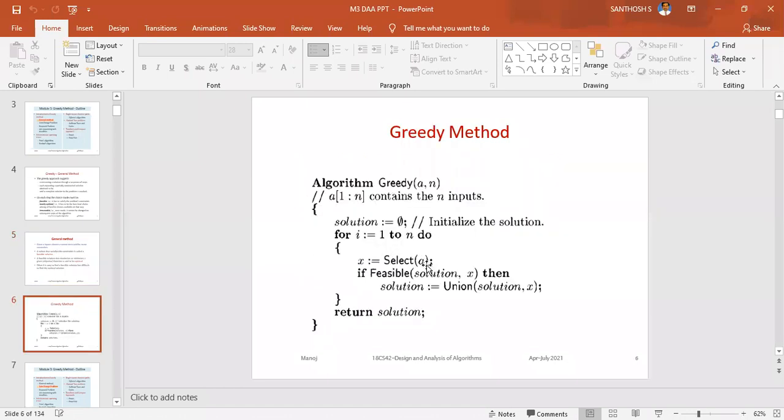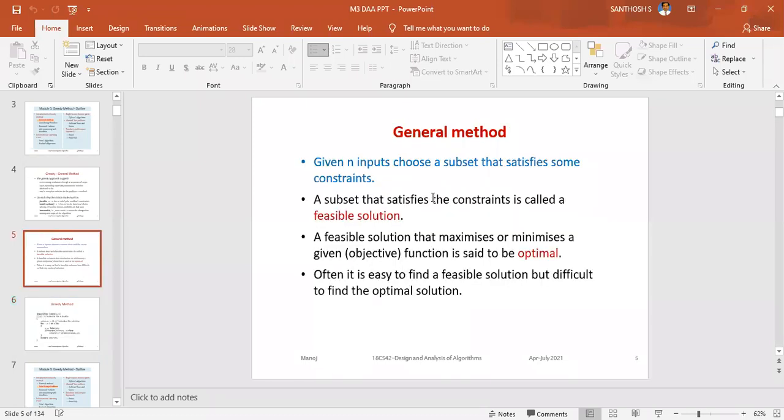So select from A, and we call the result X. X is a subset of A. We call X feasible if it satisfies all the conditions. A subset that satisfies the conditions or constraints is called a feasible solution.